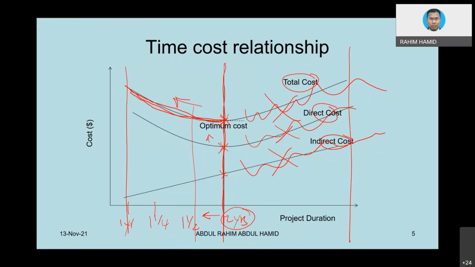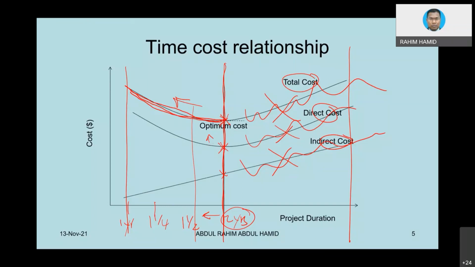Maybe this one, you do not have much option as a contractor. Maybe if you are doing some kind of design and build project where you are in control of many things, perhaps you can do that. Okay. If it is open tender where you have no choice, you are given all kinds of drawings, BQ, etc. Well, most probably, when you want to reduce the project duration, you have to increase the cost.